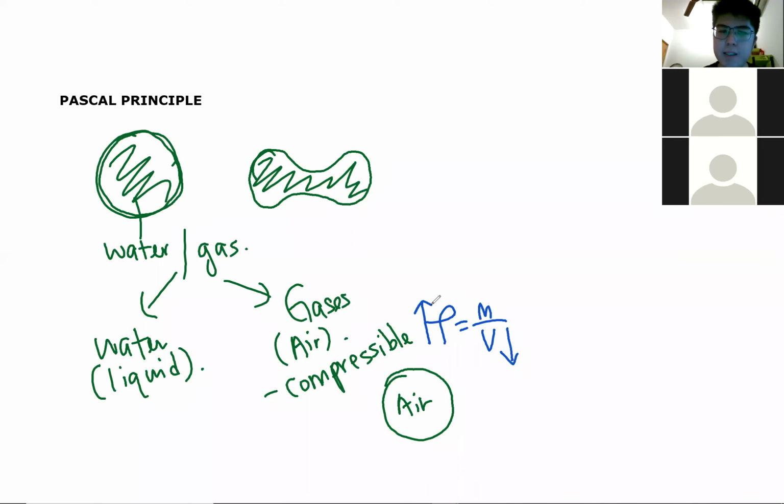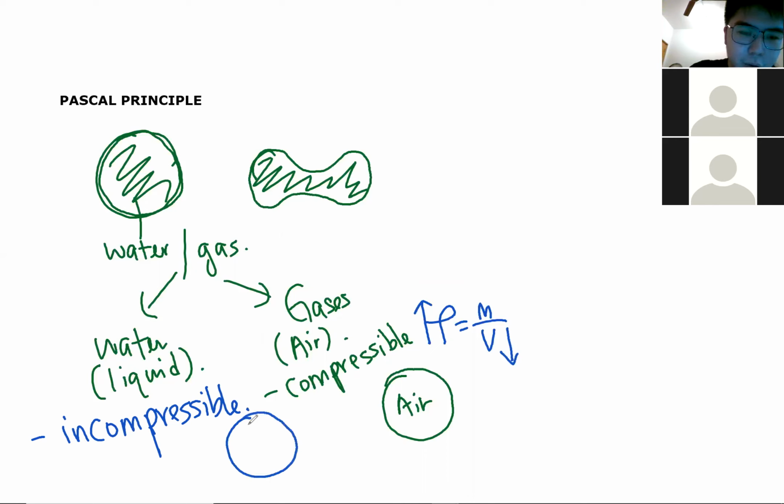Now, 现在我们讲 water in contrast to gases, water 是 incompressible. Notice the keyword is incompressible. Incompressible means you cannot compress it. So for example, let's take the same balloon. Now this time the balloon 我们装满 water.